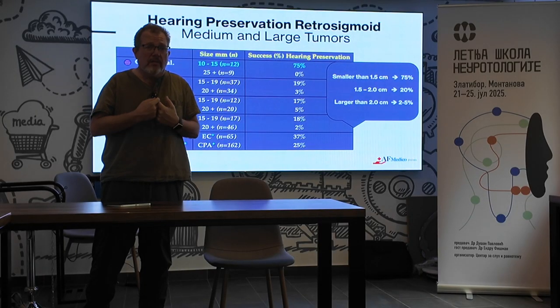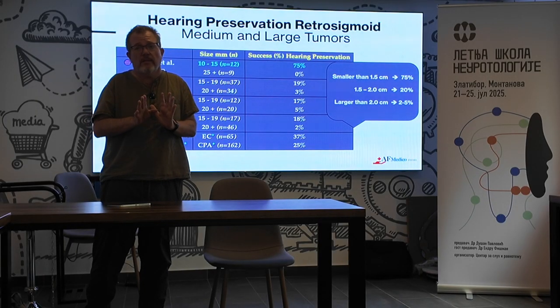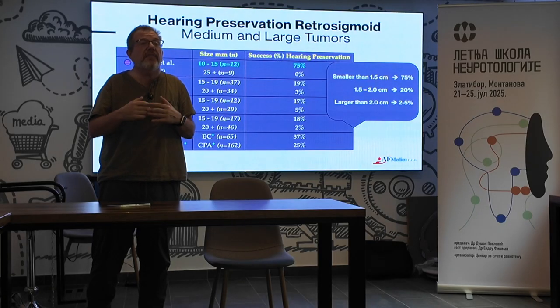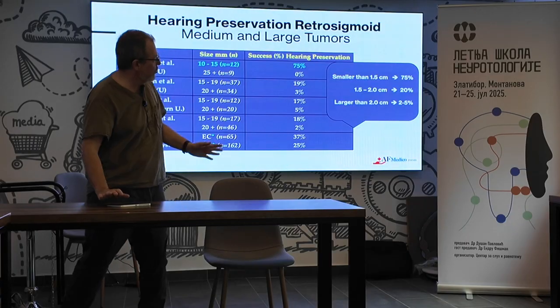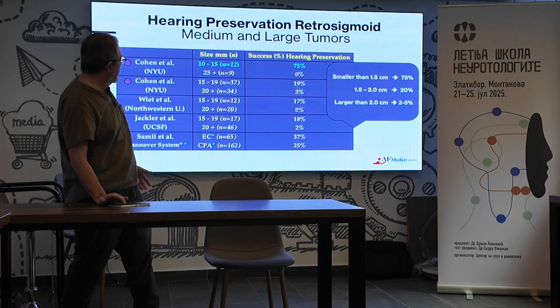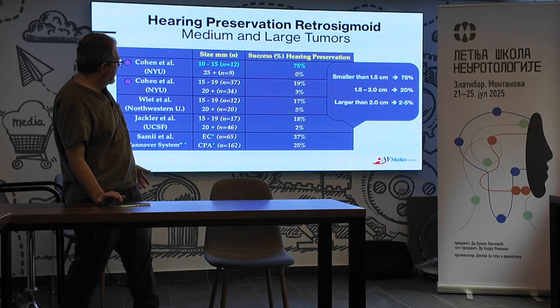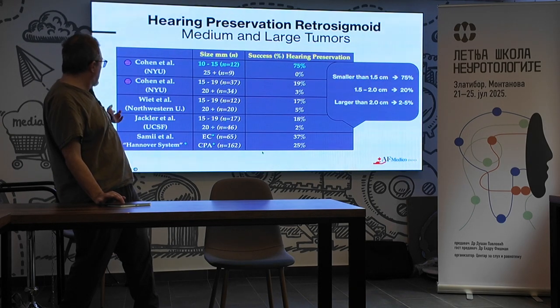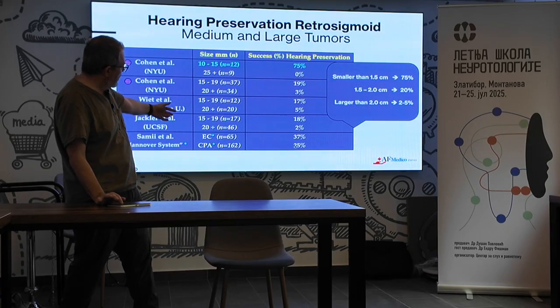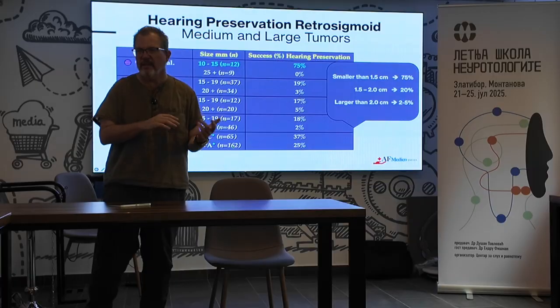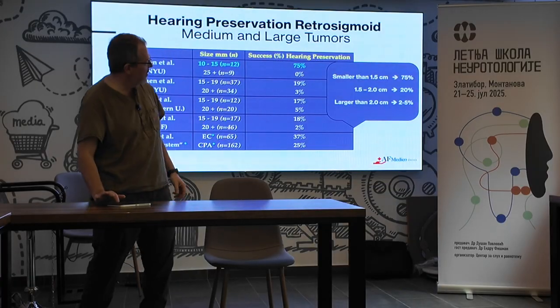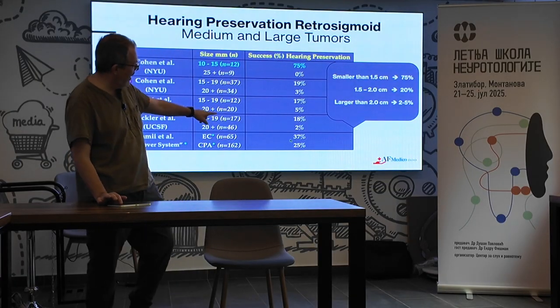For me, 1.5 to 2 centimeters is the maximum I'll even think about trying to save the hearing, because anything bigger than that, it's almost impossible. See, look here, 3%, 5%, 2%. Okay, Sami in Hanover says 25%, but he uses a completely different system of determining whether it's extracanalicular or intracanalicular. So we really can't look at that.